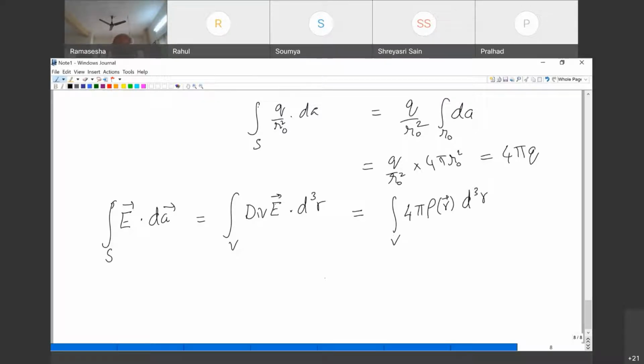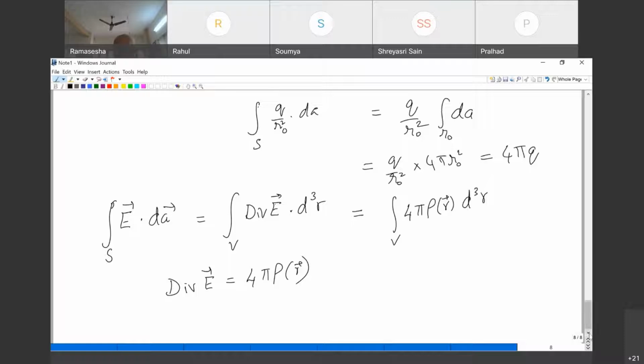Or I can say that divergence E is equal to 4 pi rho of r, because the integrands have to be equal. Both of them are integrals over the entire volume, and both of them are equal. So we can equate divergence of E to 4 pi rho of r. Is it clear? Yes, sir.